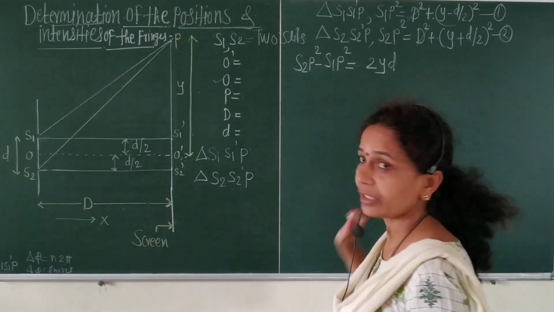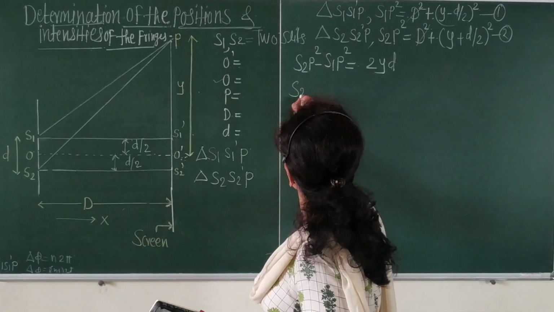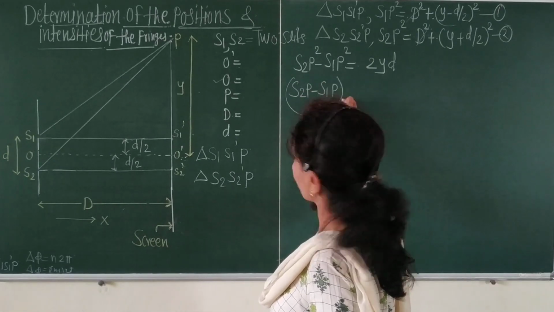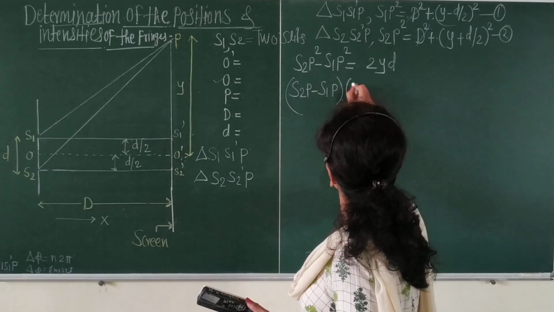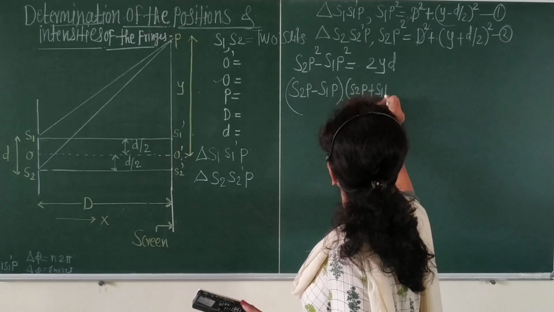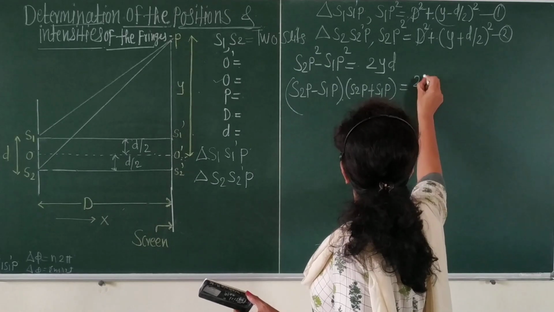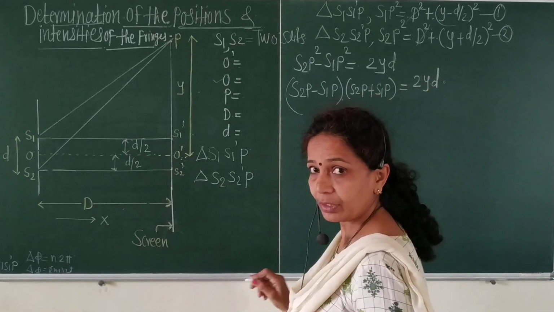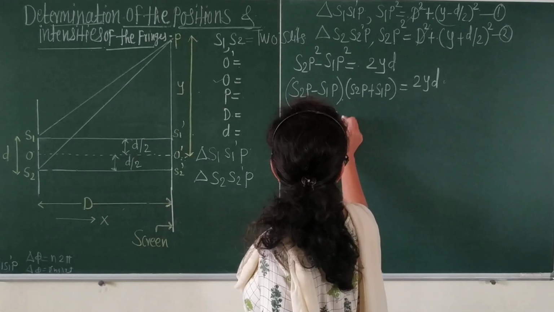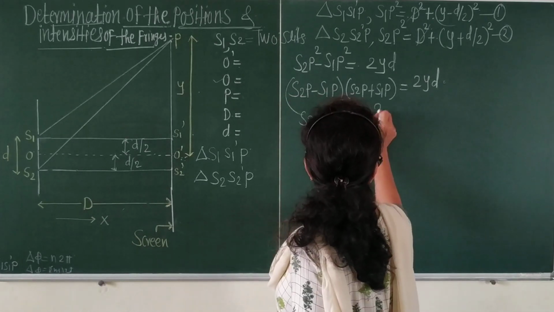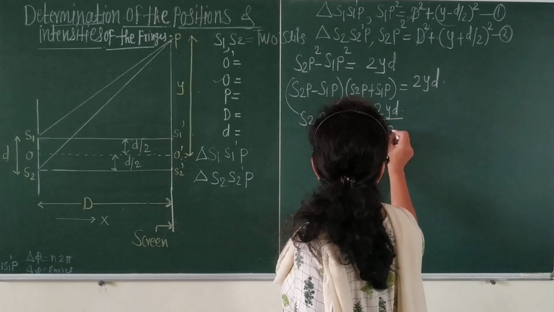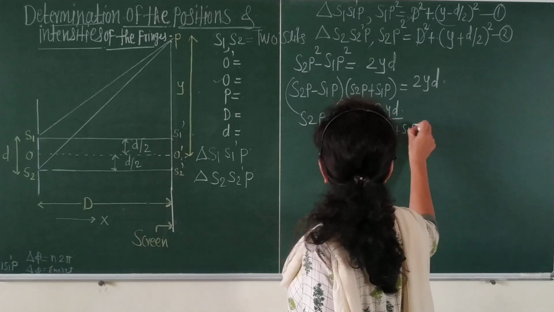Now S2P minus S1P, factorize: (S2P minus S1P)(S2P plus S1P) is equal to 2yd. So the path difference S2P minus S1P is equal to 2yd upon (S2P plus S1P).